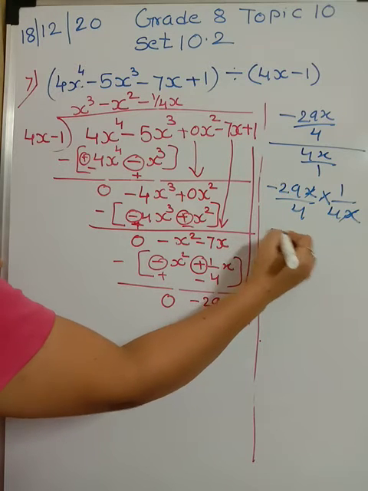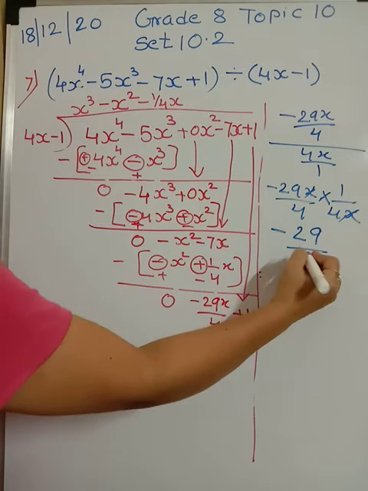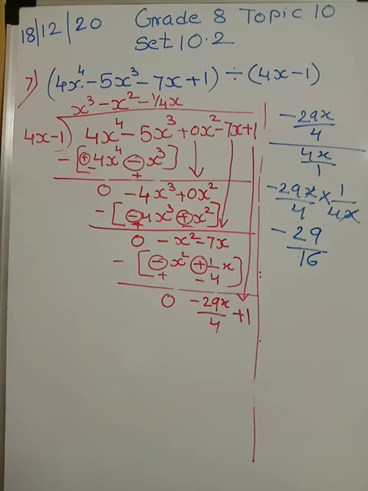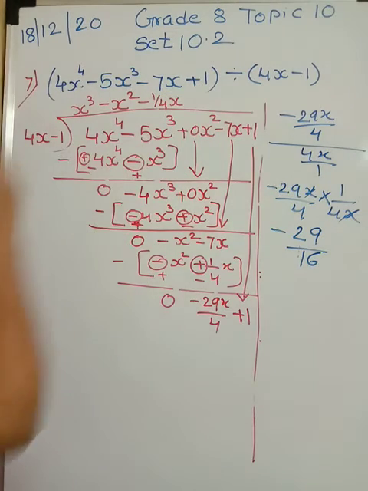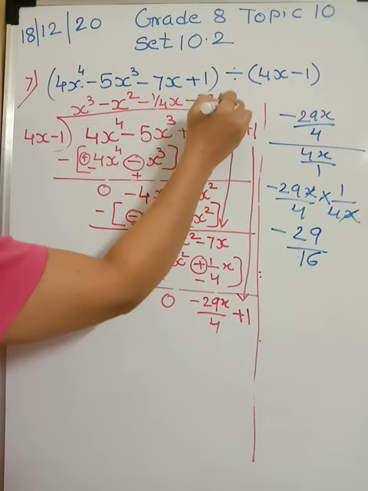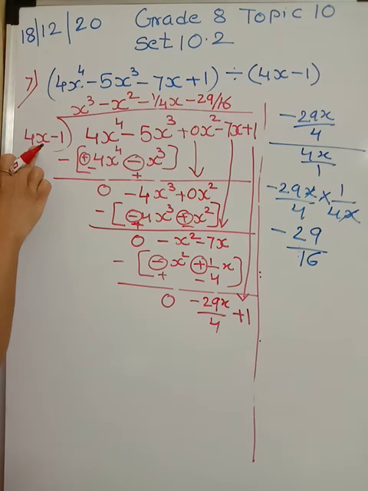So what I am getting? Minus 29 upon 16. This is your quotient, isn't it? After division you are getting minus 29 upon 16. So I am writing here the quotient, minus 29 upon 16. With this quotient you multiply with this.